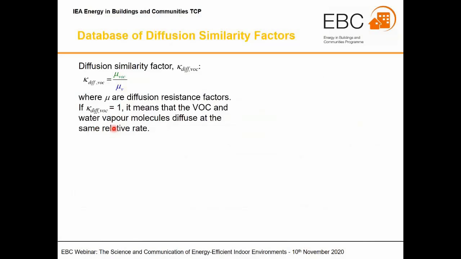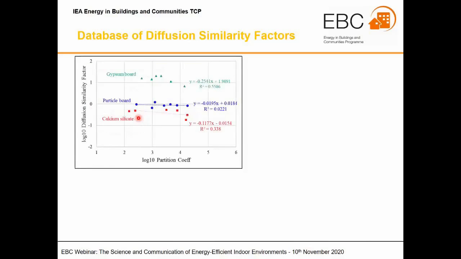I'll not go into details with this, but just to say that we can have a similarity factor between the emission of moisture, for instance, the blue part here, and how that relates to emission of VOCs from a material. You may have a one-to-one relationship between how it's modeled. That's not always true, but therefore can we identify such a similarity factor for a set of materials and which compounds are being emitted from those.